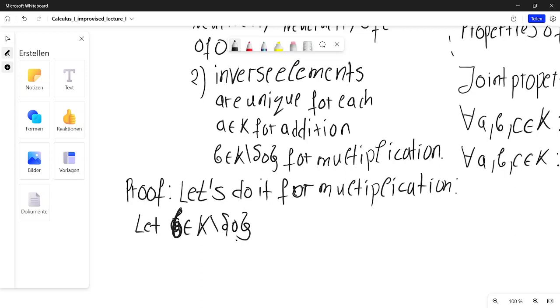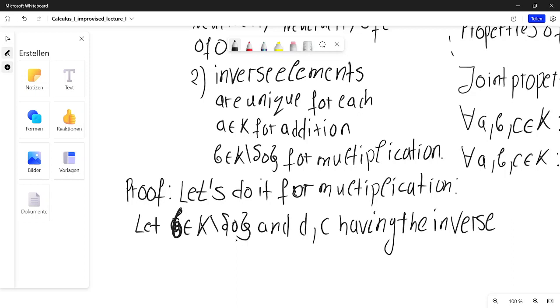B is an element of K without 0, and C having the inverse element property, the inverse property, inverse element is also called inverse for short, having the inverse property for B.